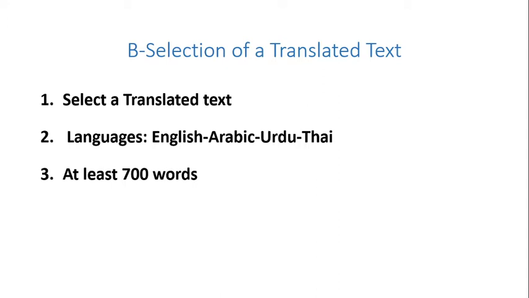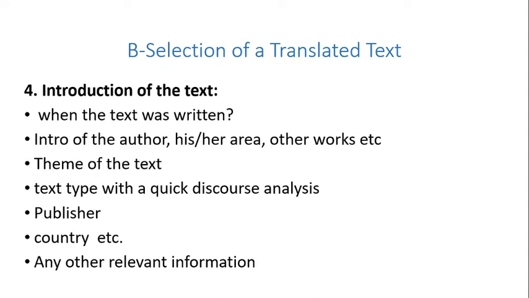You can select a text between these four languages: English, Arabic, vice versa, Arabic, Urdu, vice versa, or Urdu, English, vice versa, or Thai with these three languages. At least 700 words. Your text should contain at least 700 words, because this size of the text will give you good examples for your next phase, which is comparison and analysis.